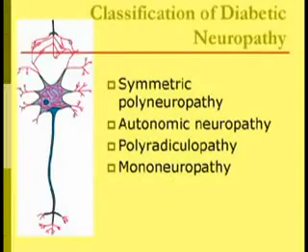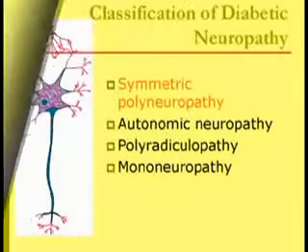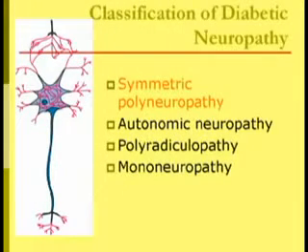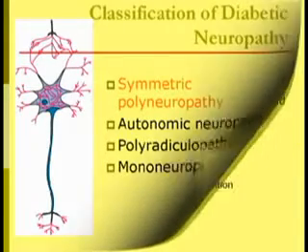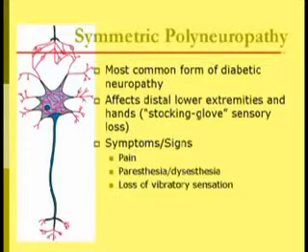When we classify diabetic neuropathy, we divide them into several categories: symmetric polyneuropathy, autonomic dysfunction, polyradiculopathy, mononeuropathy. I'm not going to talk much about autonomic dysfunction in this particular lecture. Symmetric polyneuropathy, on the other hand, is the commonest form and basically is largely that of a glove and stocking type of neuropathy. We very often forget the glove component.